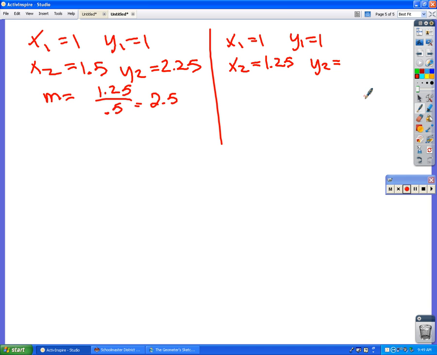And 1.25 squared is 1.5625. All right, so we can figure out the slope there. The change in the y's is 0.5625. The change in the x is 0.25. And if you divide those two, you get 2.25.